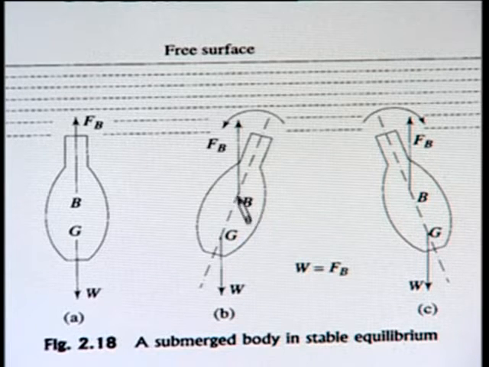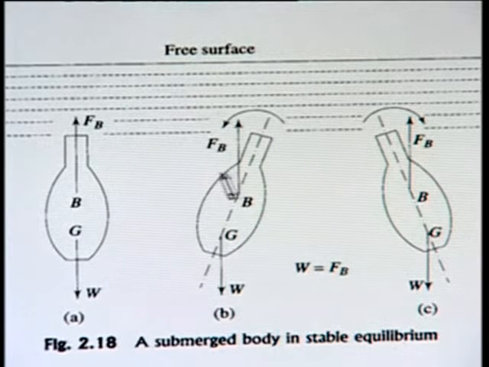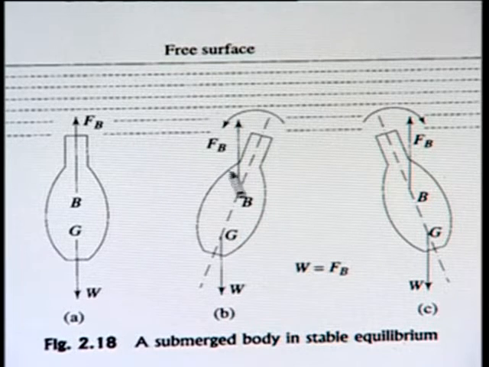Now through B we have a buoyancy force acting upward, and through W we have a weight acting downward. These two forces are not acting through the same line, so they will make a couple. What is the couple? Since FB is equal to W, we take either FB or W multiplied by the perpendicular distance between these two parallel lines.